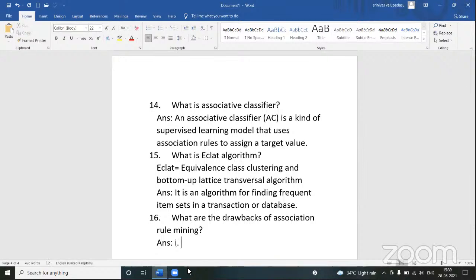We have mainly two drawbacks: obtaining non-interesting rules, and a huge number of discovered rules with low comprehensibility.